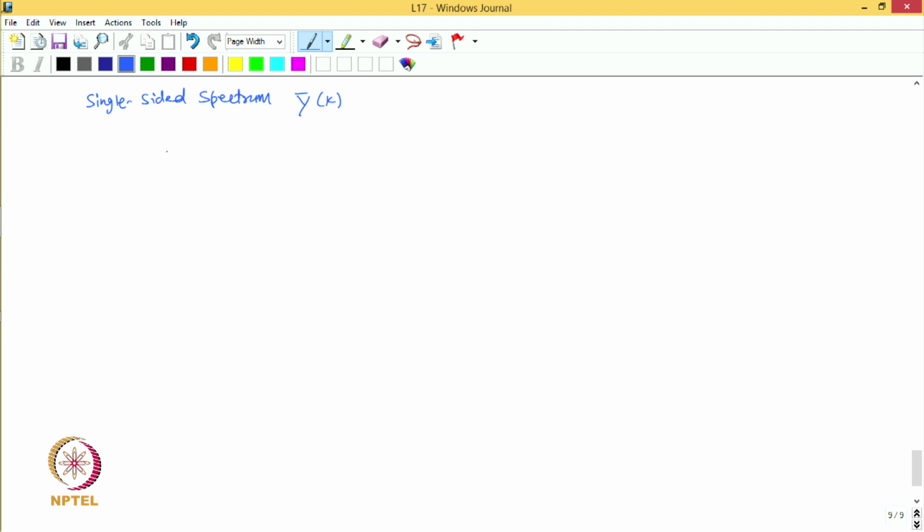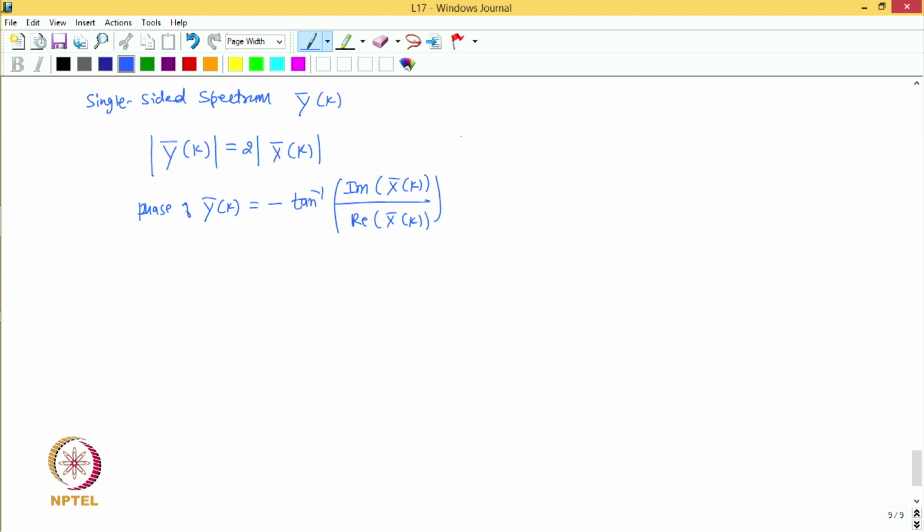Then the magnitude of y bar k is equal to that of the two sided DFT, and the phase of y bar k is equal to minus tan inverse of the imaginary part of x bar k divided by the real part of x bar k. That is the phase, and this is valid for k from 1 up to n by 2 minus 1.